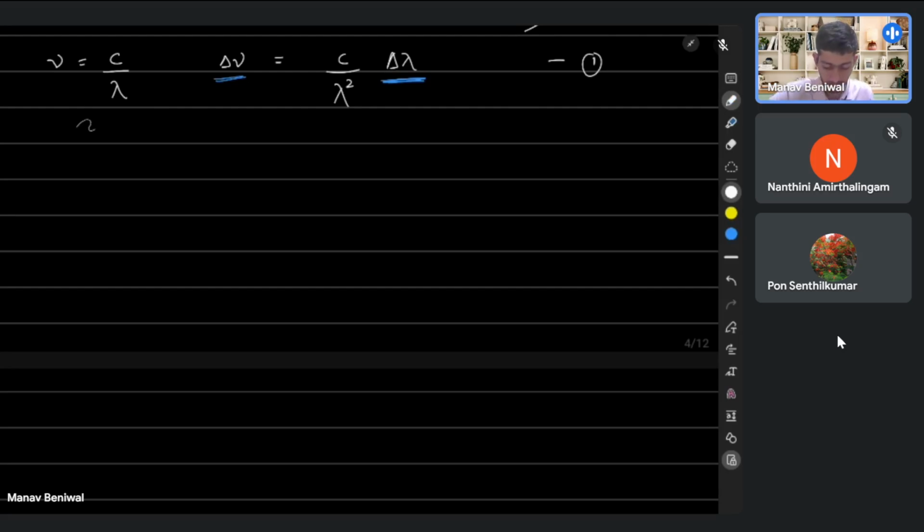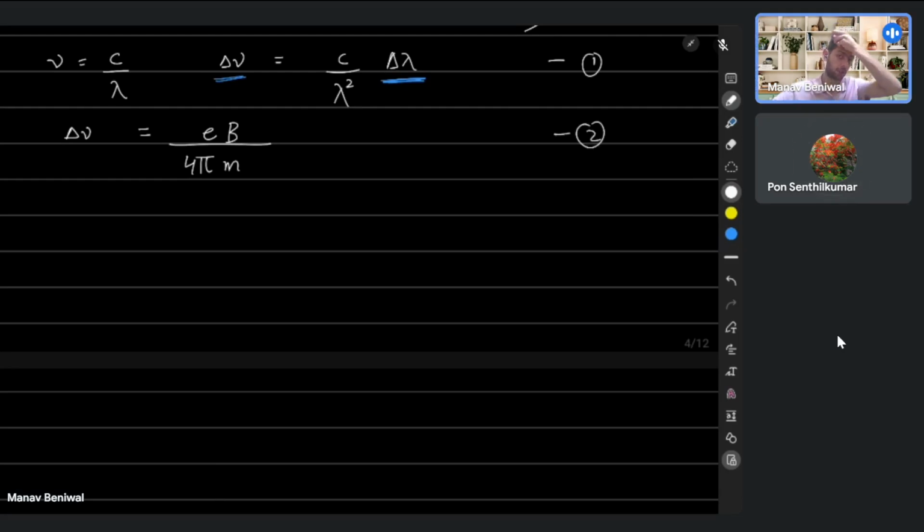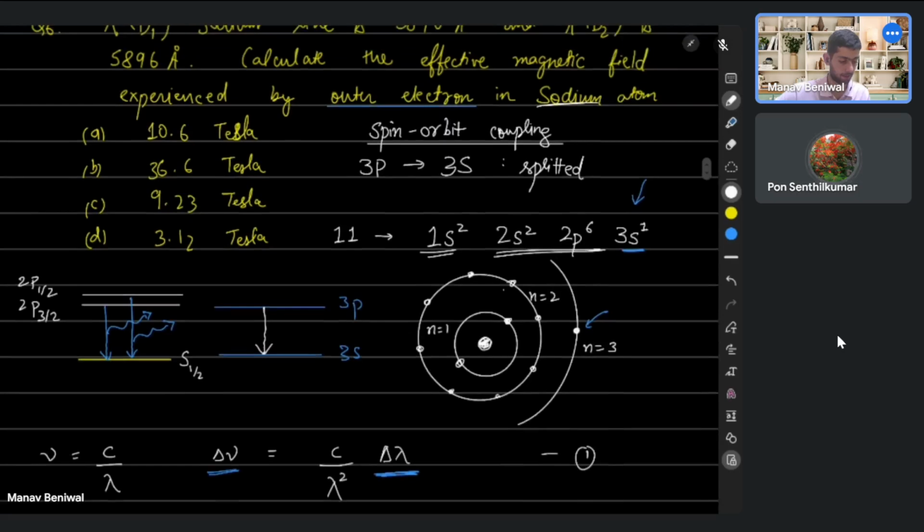Why? Because the formula that we have is given in terms of delta nu. So our delta nu is given by the formula eB by 4 pi m. Okay, so this is equation 2. So using both 1 and 2, we can replace this delta nu by delta lambda, because in the question we are given delta lambda, right?